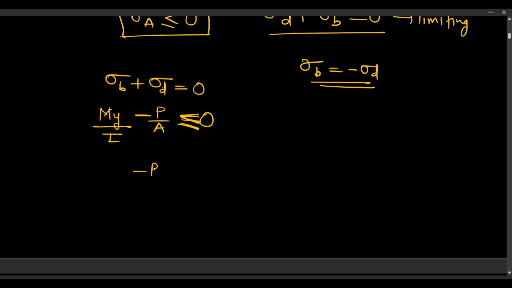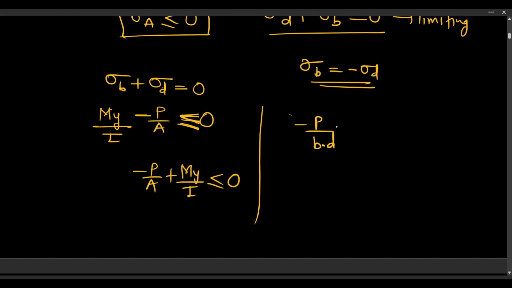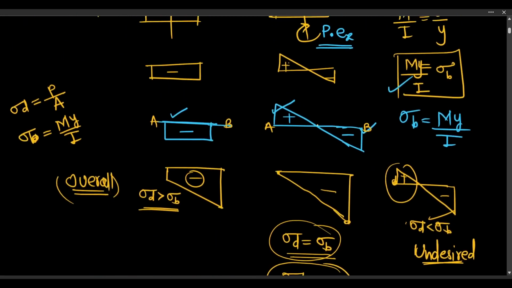So we can write minus P by A plus M y by I is less than or equal to 0, and the area is b d. So P upon b d plus moment, which is P into ex into y max by I, is less than or equal to 0. Same case. Y is y max, meaning the maximum distance from the neutral axis.